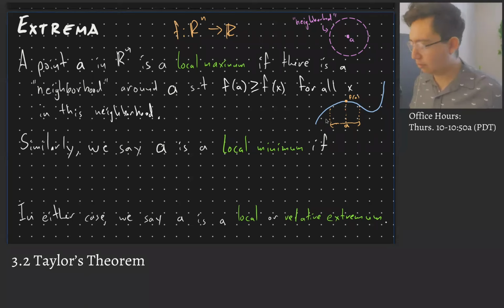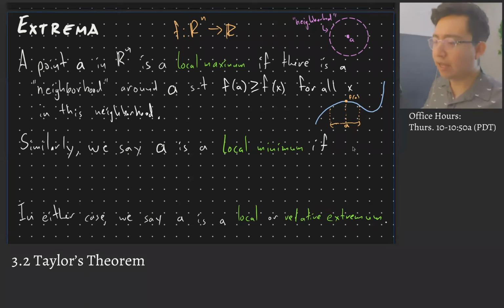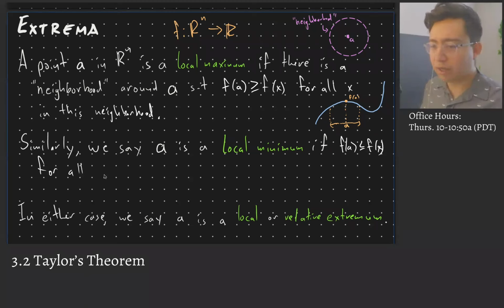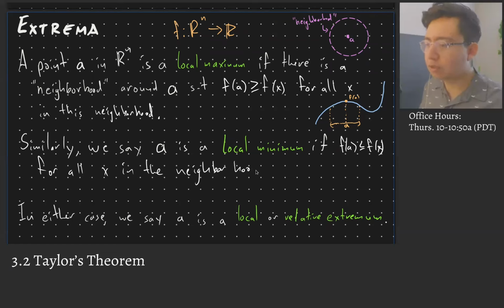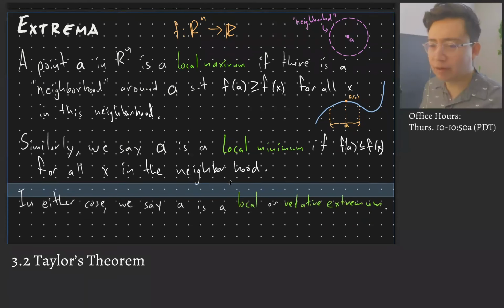That makes sense. And similarly, we can say A is a local minimum if there's a neighborhood where f of A is less than or equal to f of x for all x in the neighborhood. Cool.